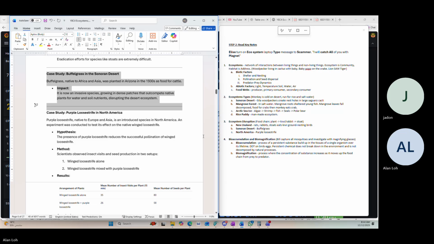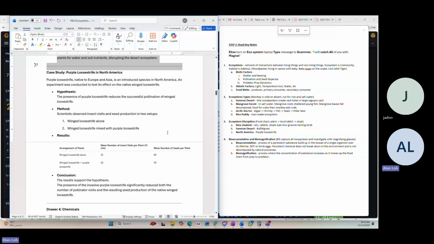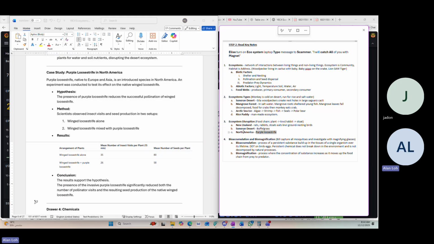Done? Yeah. Okay, I think this is simple. Okay, the last one for drawer number 3. Point number 3 here.